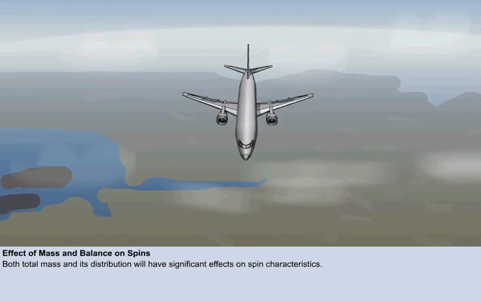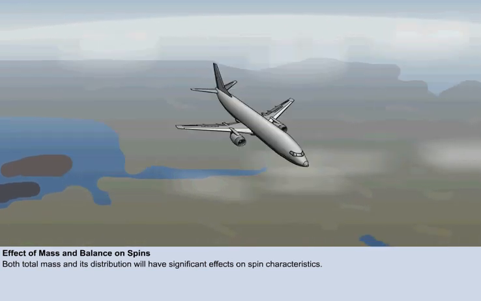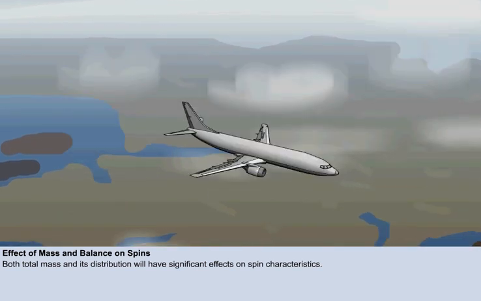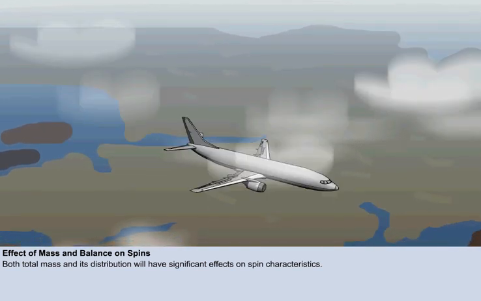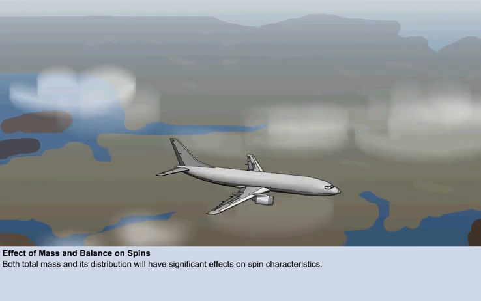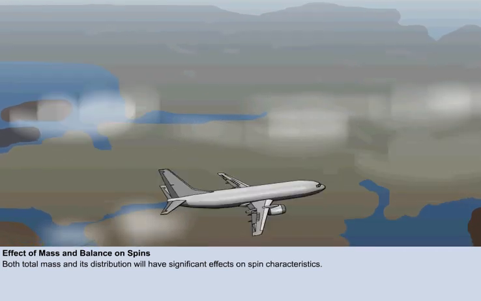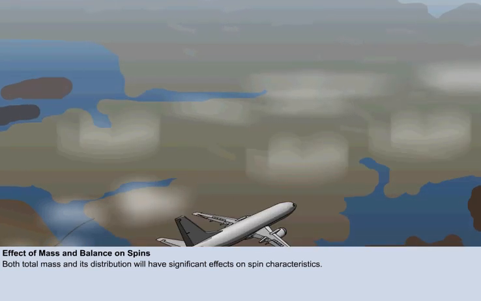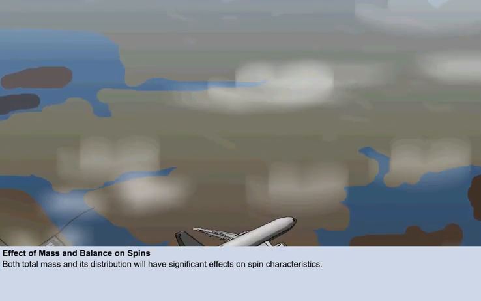Greater mass generally means slower initial spin rates, but these may increase if the spin is allowed to progress. The higher angular momentum will extend the time and height necessary for recovery in a heavy or heavily loaded aeroplane.